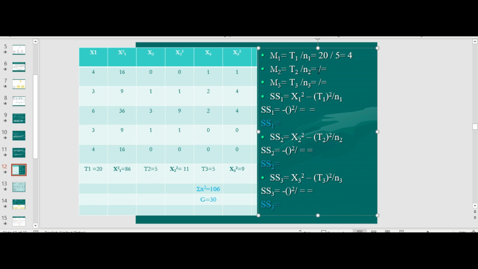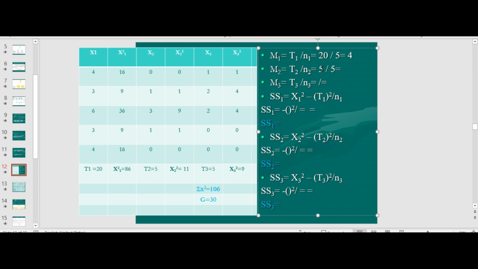And M2 is the mean score of the second sample. Okay, T2 is equal to 5 and N is also 5.